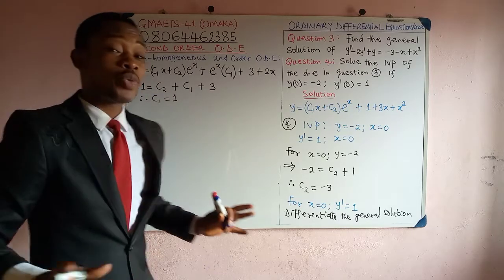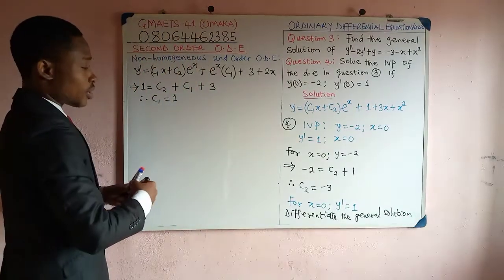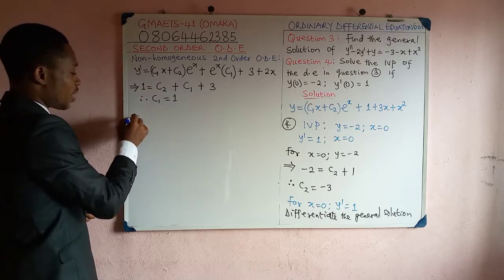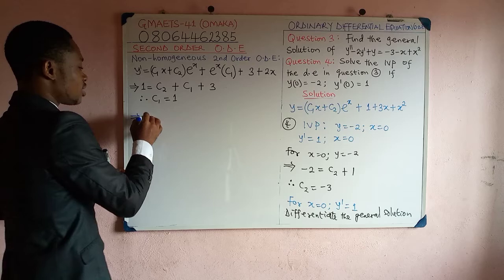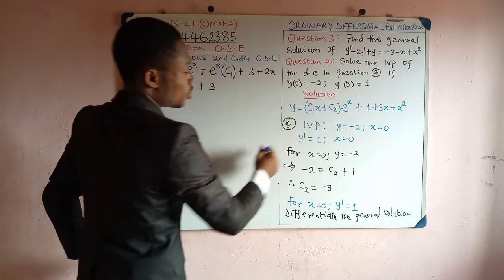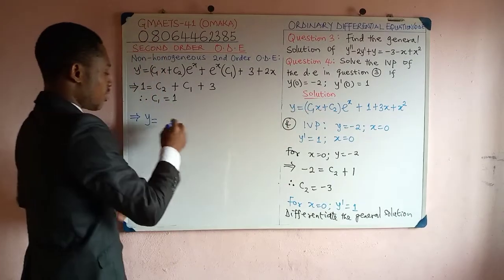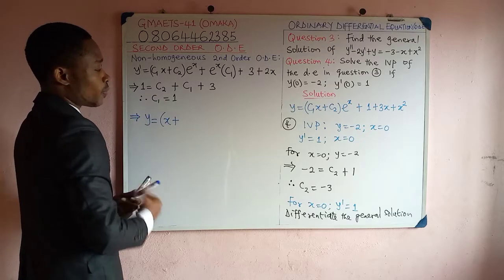Good. At this point, we can smile. We've gotten the constants of integration. We can now substitute into the general solution. So going to the general solution, we're going to get y equal to, you're going to substitute for c1 and c2. c1 is 1, so it's going to be 1 times x, giving us x. Then plus, what is our c2?